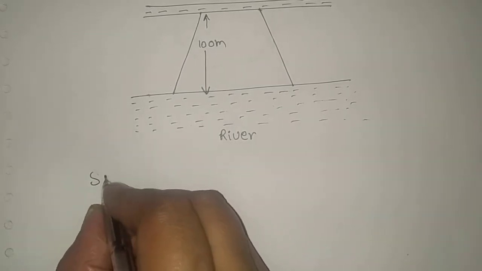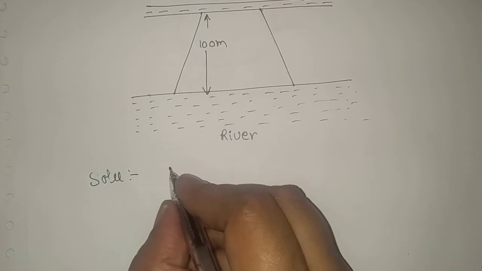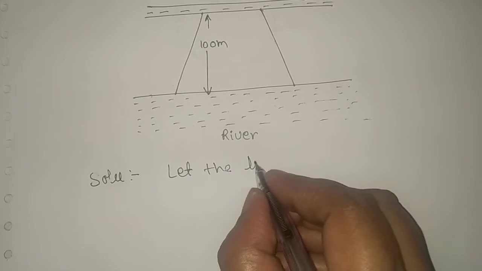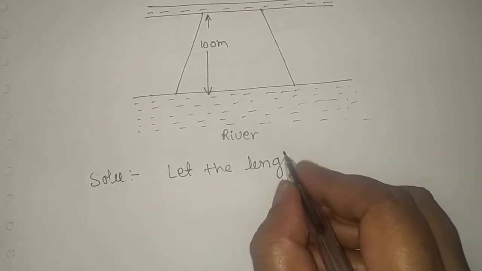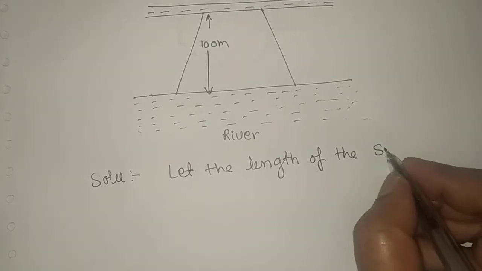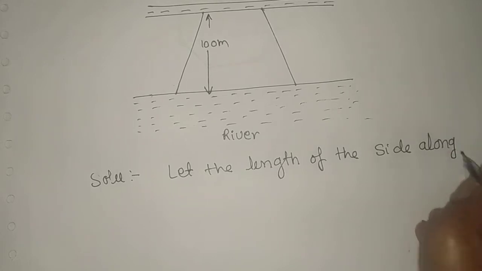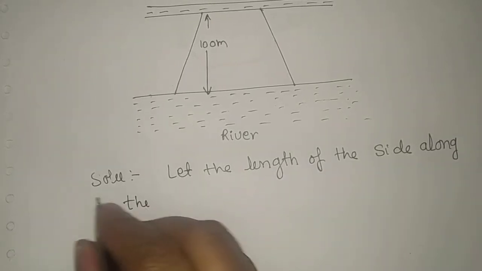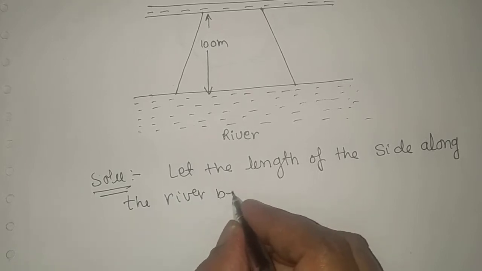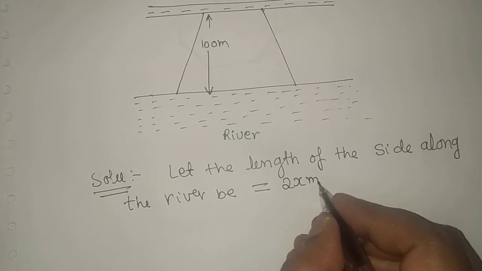So now we'll write down the solution. First step we have to write: let the length of the side along the river be 2x meters.